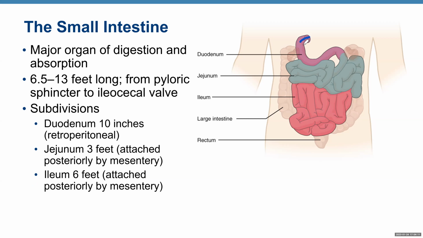So here's the duodenum, the first and shortest part, then jejunum and ileum. These tubes are attached to each other through the mesentery proper, and mesentery attaches everything to the back wall of the abdominal cavity.